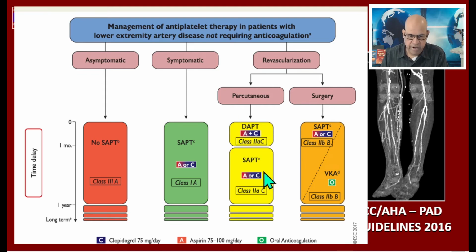Then later on, they are switched to single antiplatelet agent. This is after a year, and then it's questionable as to what they need to be on according to this one. And the surgery is the same thing. This is a class 2B indication, dual antiplatelet agents or vitamin K antagonists. So this is from the European Society of Cardiology.